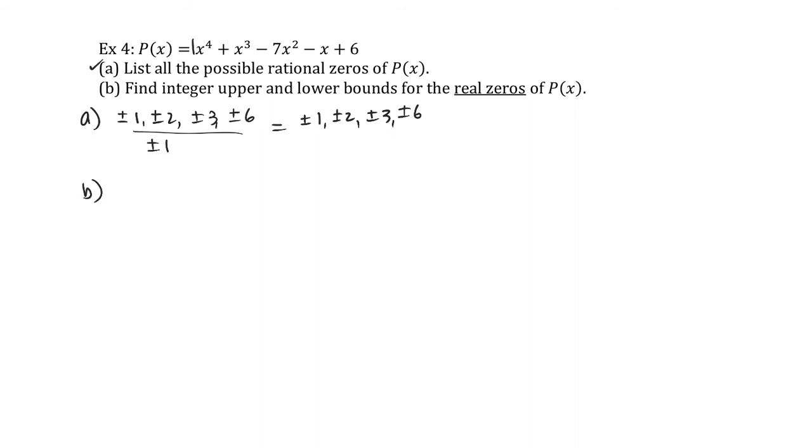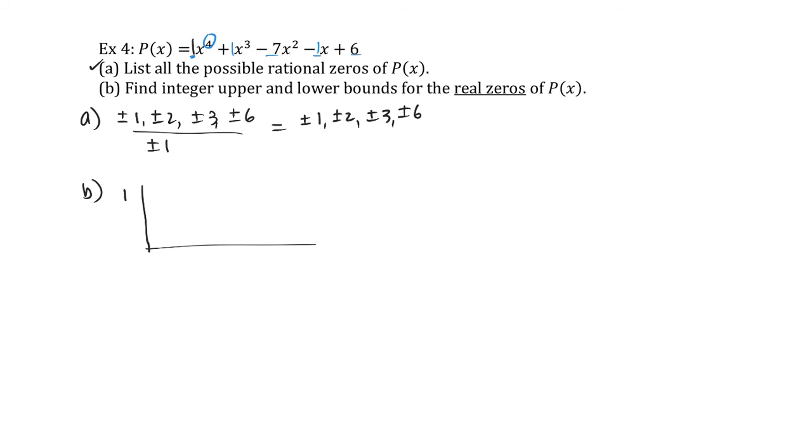Now I'm going to find my integer upper and lower bounds. I like to just start with the number 1. It's an easy place to start. I'm looking at power of 4, and my coefficients are 1, 1, -7, -1, and 6.